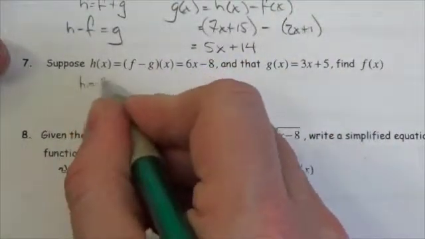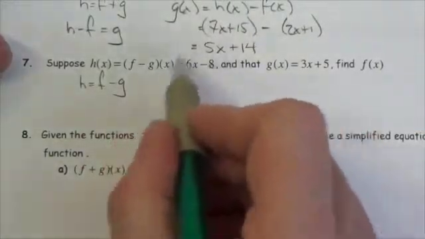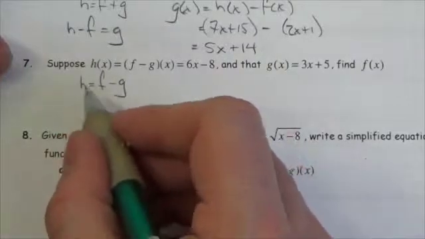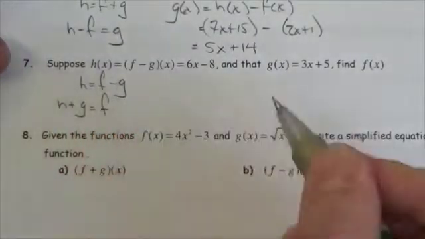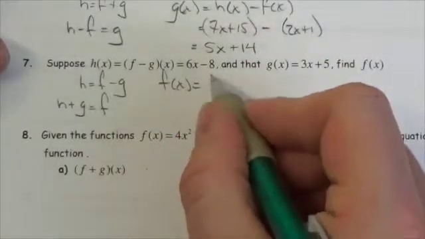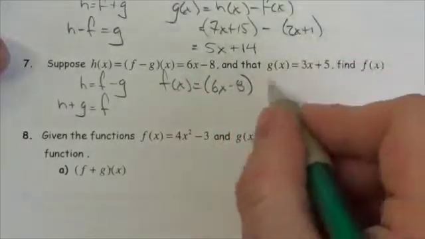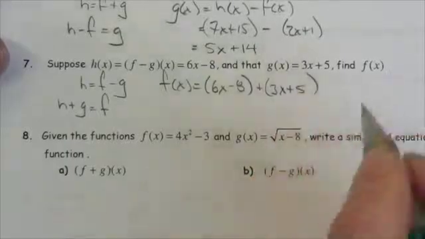If we know that h is equal to f minus g, and we know what that function is and we know what g is, to get f, I'm simply going to add g to both sides. So h plus g is going to equal f. So f of x is going to equal h, and I'll put this in parentheses, 6x minus 8, plus g, which is 3x plus 5.